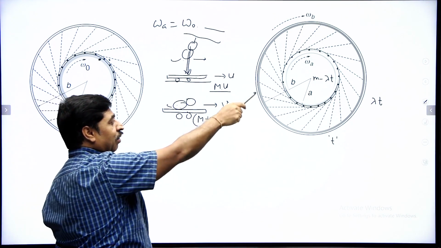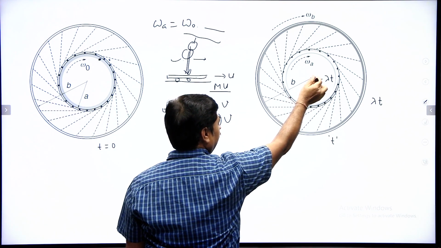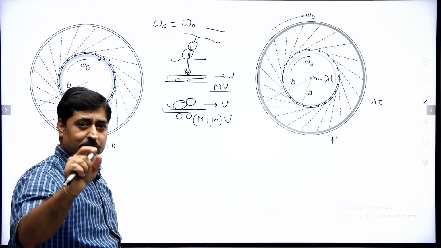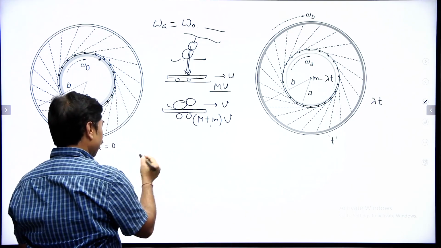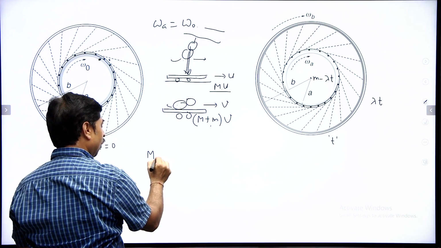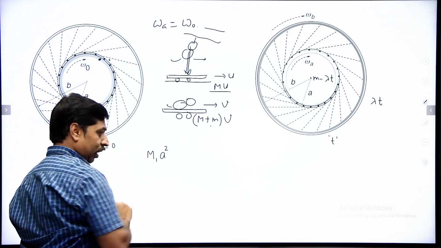Now, what is the angular momentum of this system about this axis at time t? About this axis, the pen is the axis. We are trying to write the angular momentum of the system at time t. So, for this inner drum, the moment of inertia is m1 a square. Am I right?